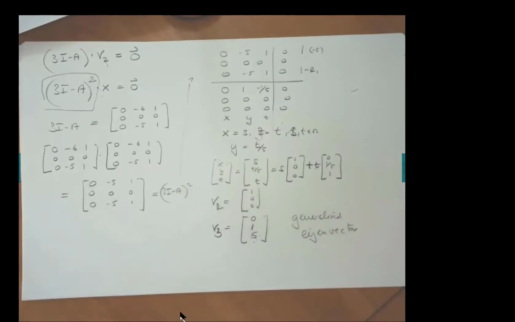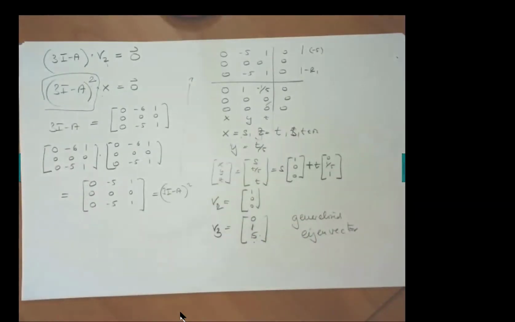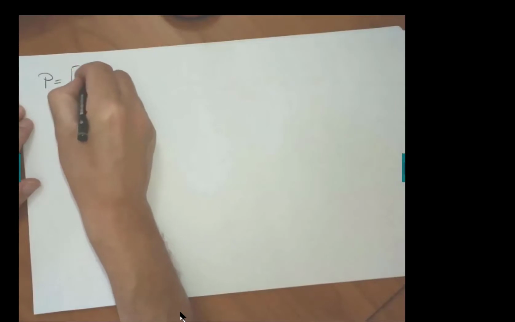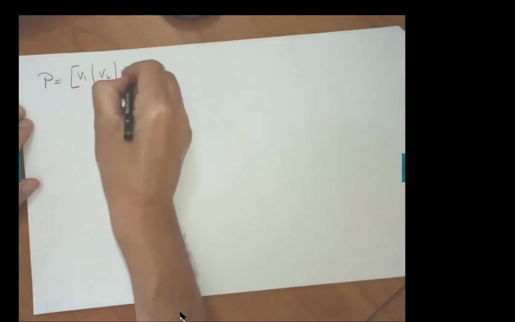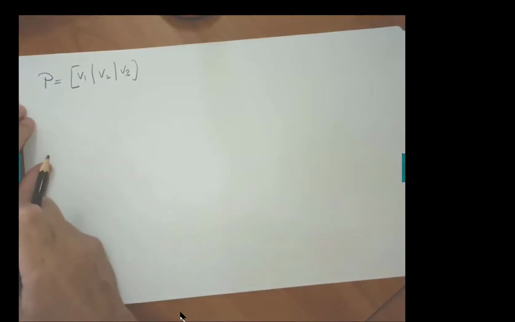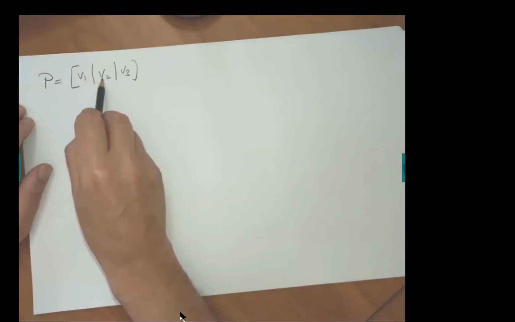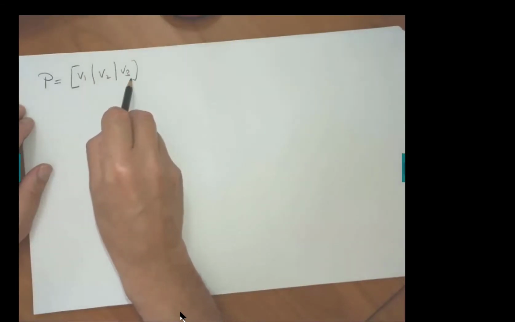Okay, now what happens if we make, and obviously these are linearly independent, so I can make the matrix with V1, V2, and V3. So like before, we make our matrix P, V1, V2, V3, and again, eigenvector, eigenvector, generalized eigenvector.